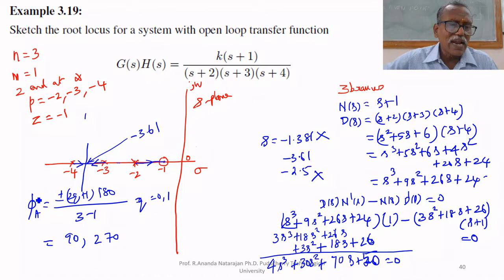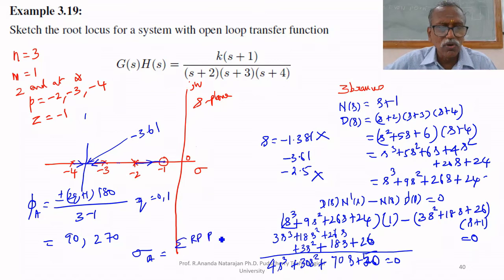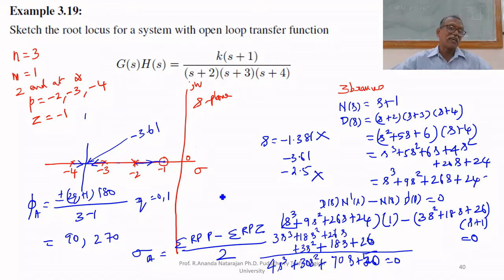What is sigma A? Sigma A equals the sum of real parts of poles minus the sum of real parts of zeros, divided by n minus m, that is 2. Real parts of poles: minus 3 plus minus 2 plus minus 4, that is minus 9.